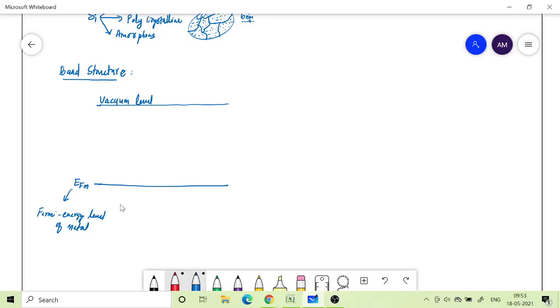This difference in energy is denoted by q phi m, and phi m is something like the work function.